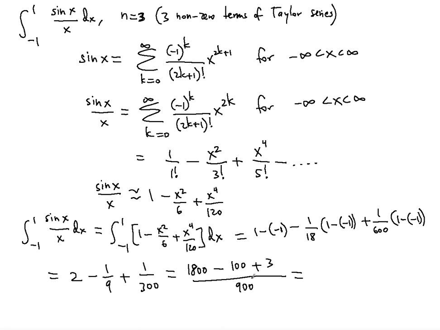So that's going to be 1703 over 900, which is equal to about, if you use your calculator, 1.892.